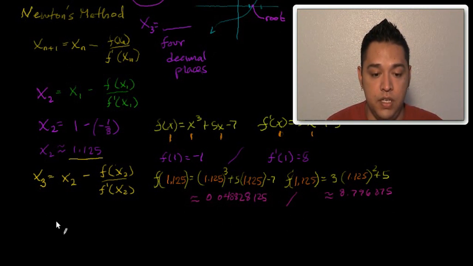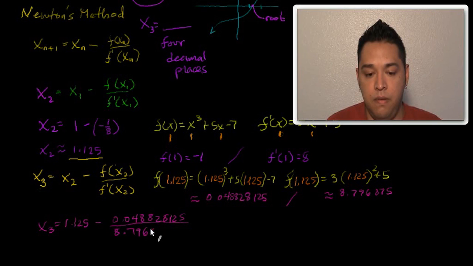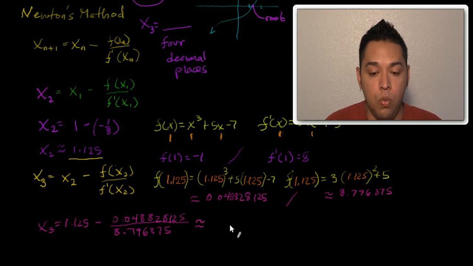So what I did before is I plugged in x sub 2, which was 1.125, minus the division of these two numbers, 0.04882812 divided by 8.796875. And the end result that I get from that is 1.119449.